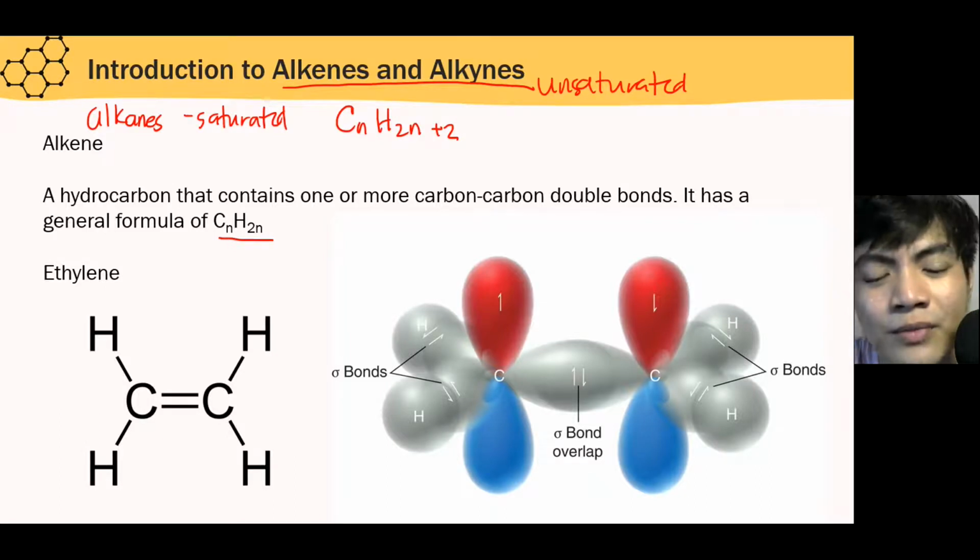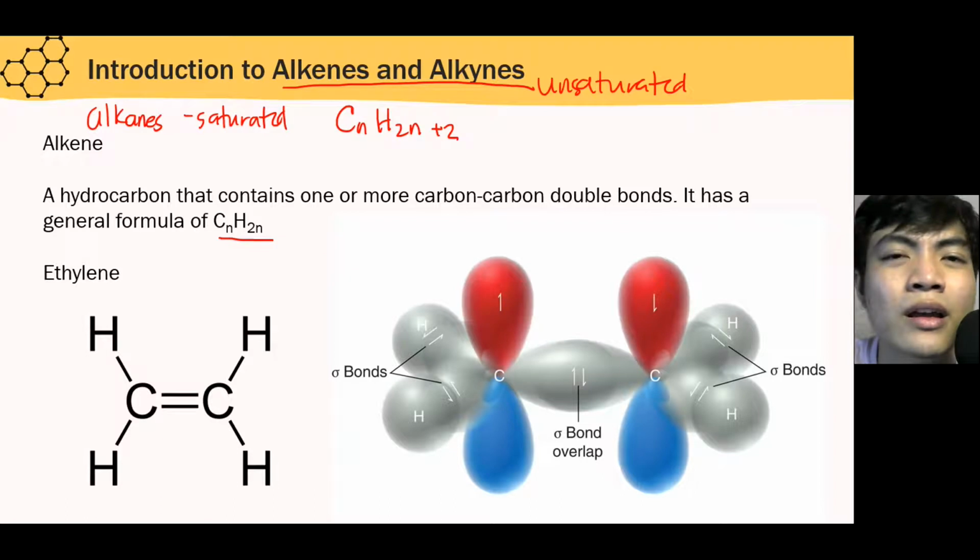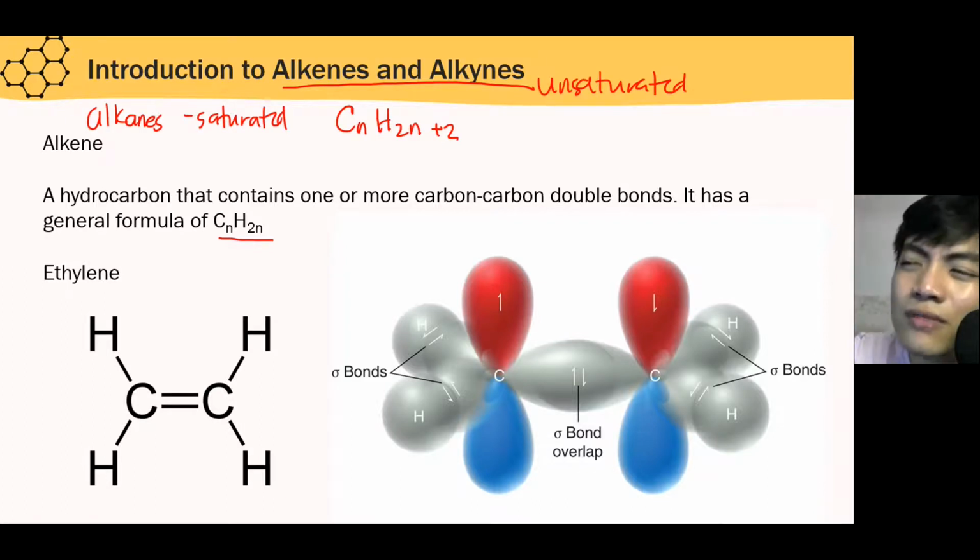Because as I said, there exists a double bond, meaning there will be two bonds that are not connected to any hydrogens. Rather, they will be used to create bonds with the same carbon atoms. One example of which is our ethylene. Ethylene is the simplest alkene, and this is the structure. It has a formula of C2H4.